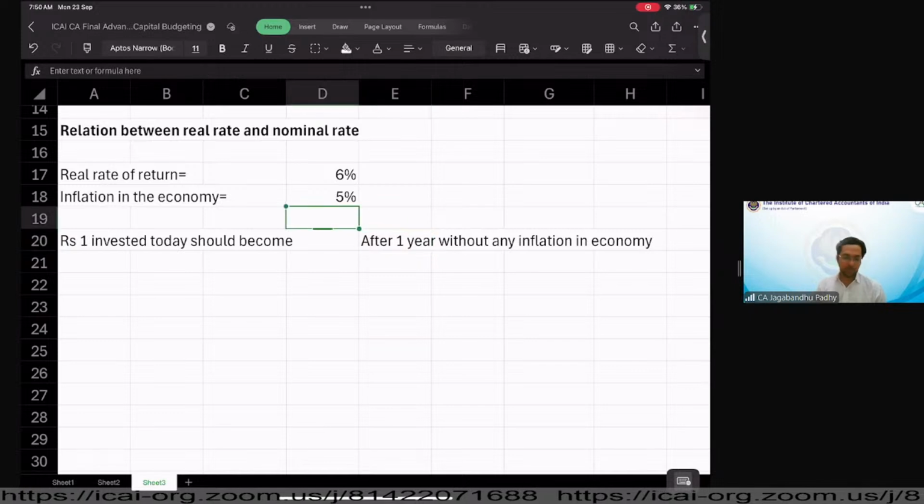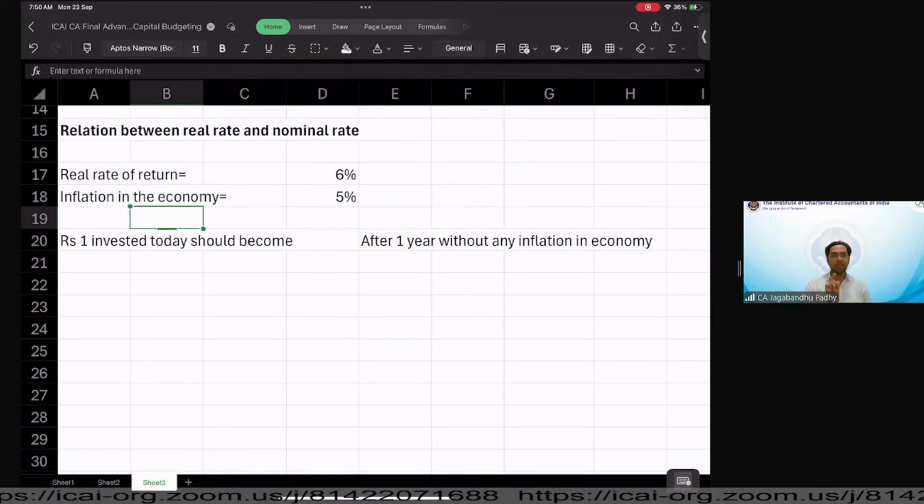Can you tell me how much 1 rupee invested today should become after 1 year, assuming that there is no inflation in the economy? Tell me what should be the value of 1 rupee after 1 year if there is no inflation.